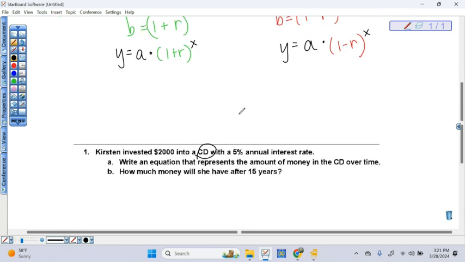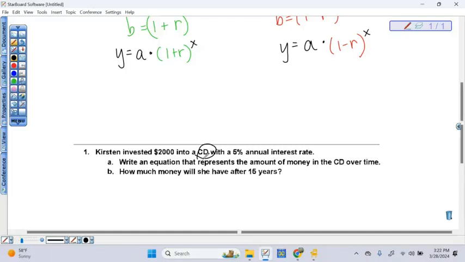Do you guys know what a CD is? Compact disc. And yes, there is a CD that can play music, right?